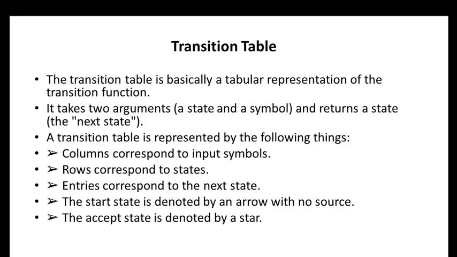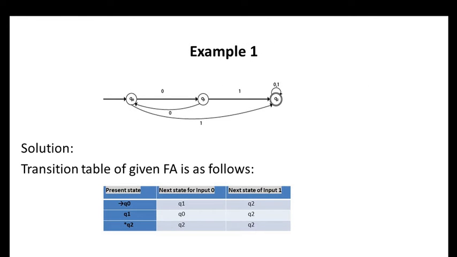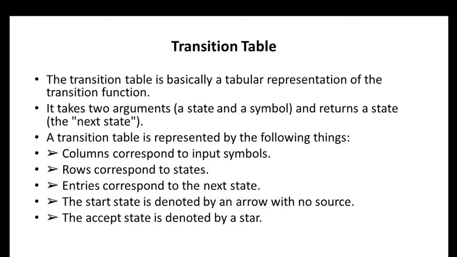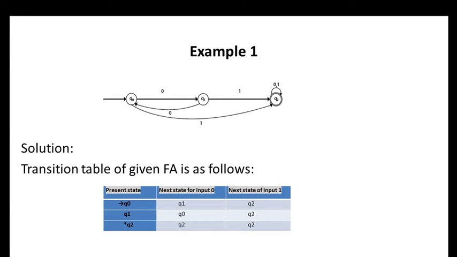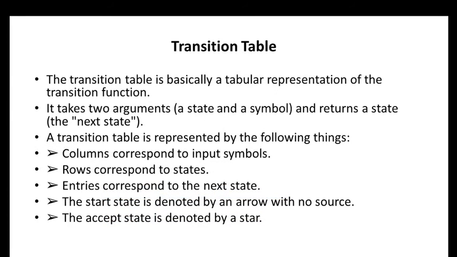The start state is denoted by an arrow with no source. The accept state is denoted by a star. So when a state is denoted by a star, that means it is a final state. So this is about the transition table.